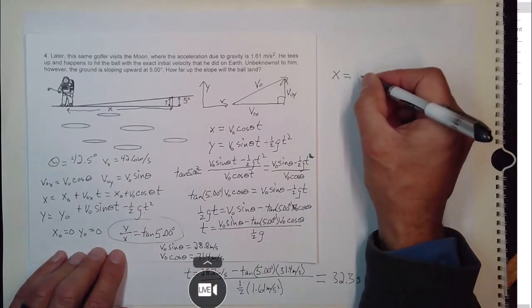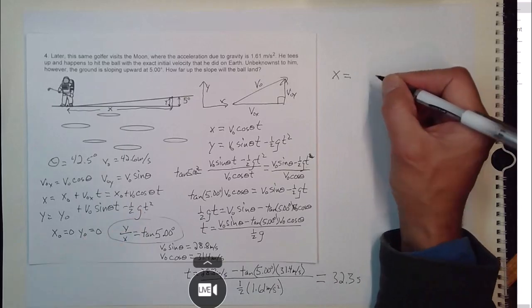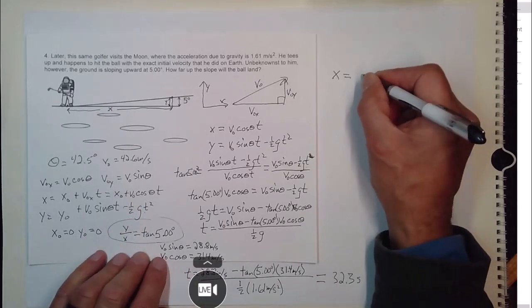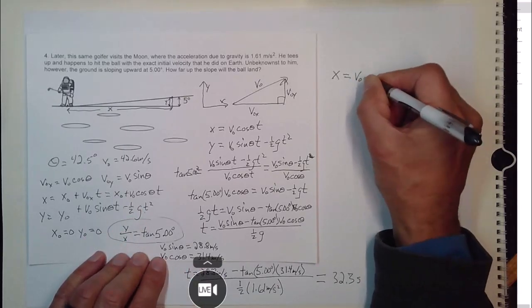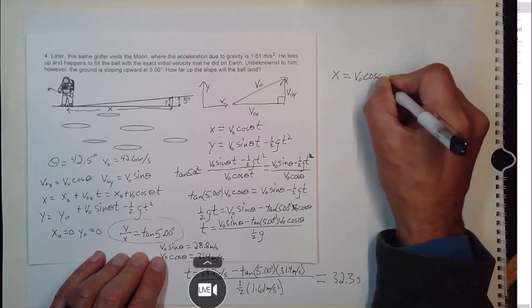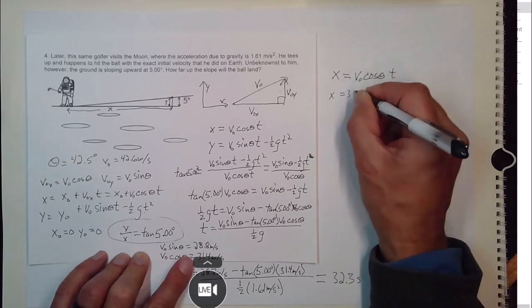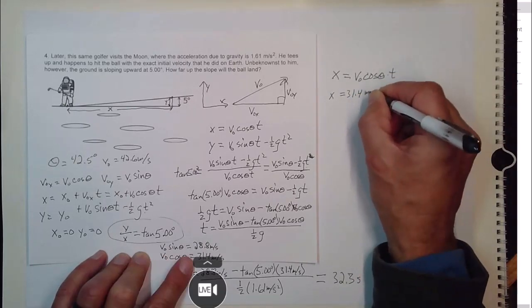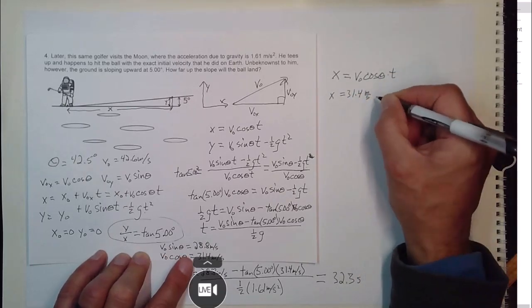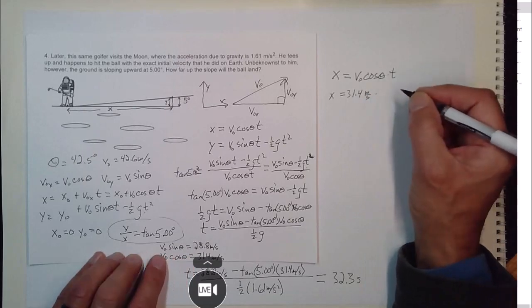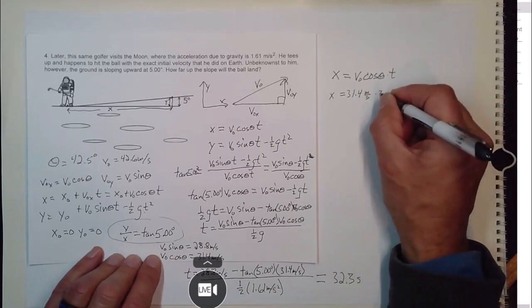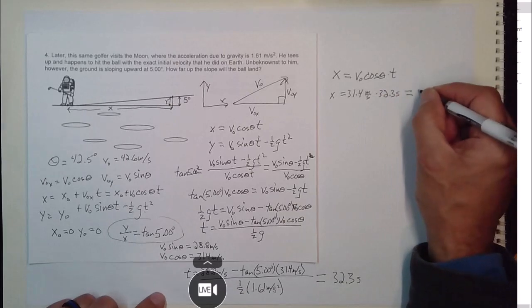It's going to equal v naught cos theta, which is that number. Well, I'll write it in variable form first. Cos theta times that t, which will equal 31.4 meters per second times 32.3 seconds.